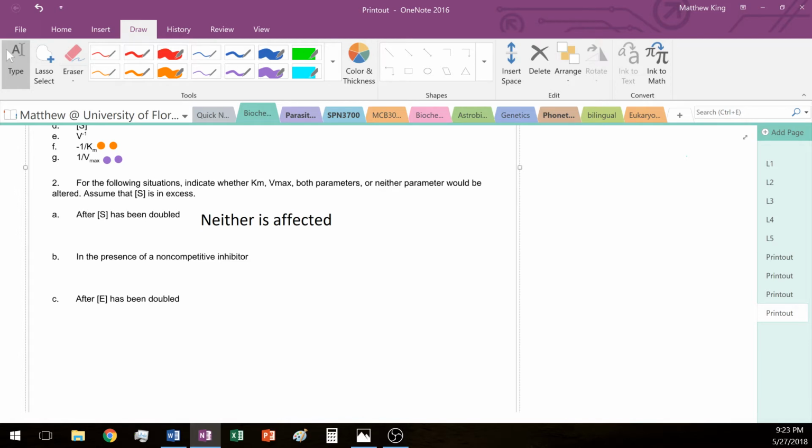What's interesting about Km values is that the only way you can really change it is to change what enzyme you are working with. For example, hexokinase, which phosphorylates the sixth carbon on a glucose, is basically going to have its maximum rate no matter what happens, and it's going to have half of its maximal rate, which is Km.